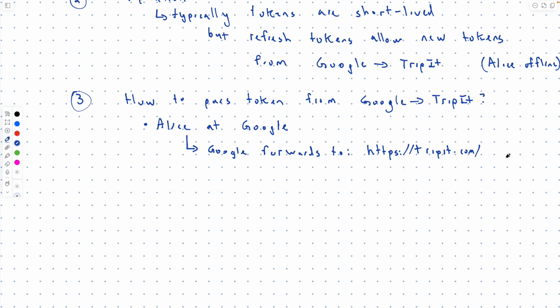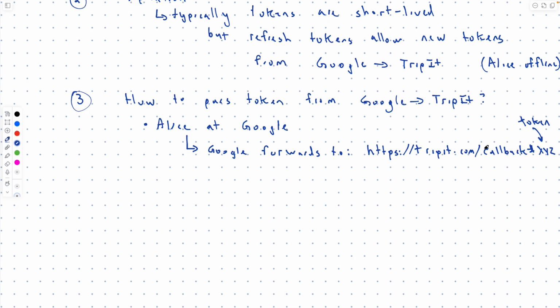And then it will just put the token there in the URL. Usually, in order for TripIt to know this is a token, it will have some function like callback, and then there'll be a token. Let's call it XYZ. In reality, these tokens are going to be long and random, and you can't guess them.